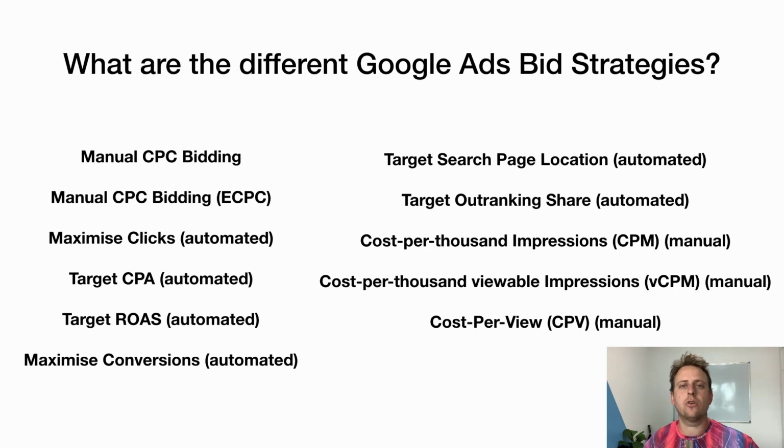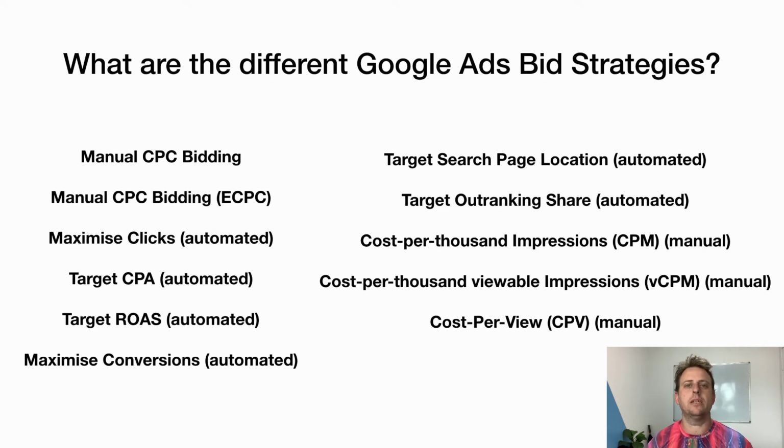Because even though Google's running the show for you, you still need to be able to analyze and measure the success of that campaign using those numbers, right? You still need to know what is a good cost per click, what is your target ROAS, all that sort of stuff.